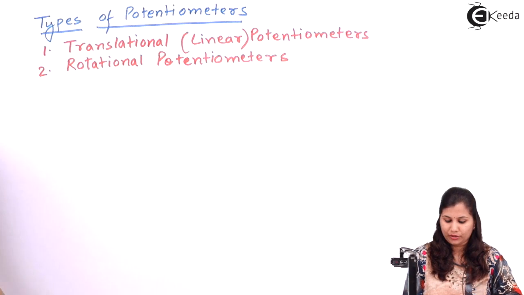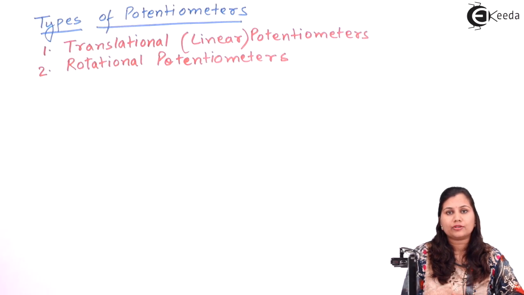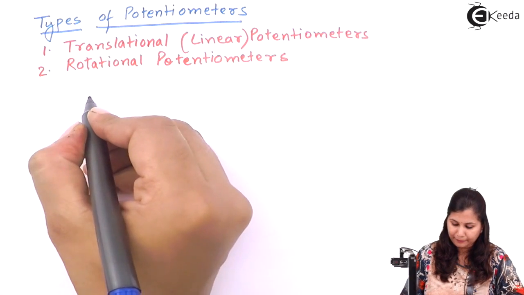Now, if we see the equivalent circuit, or a generalized circuit, of a potentiometer, it will be like this.